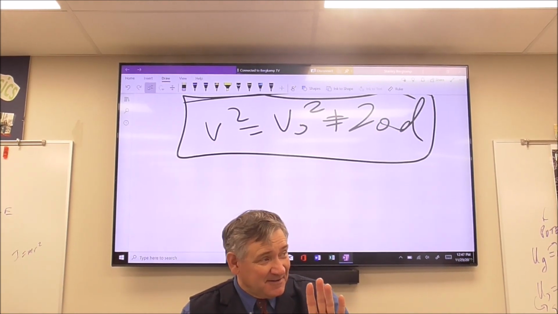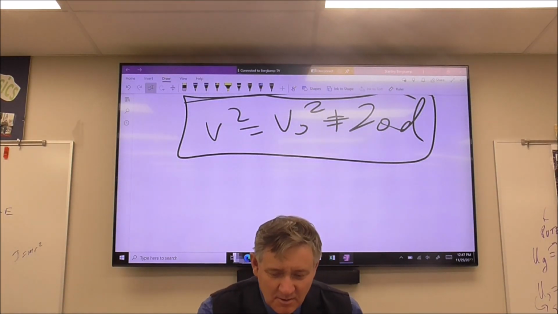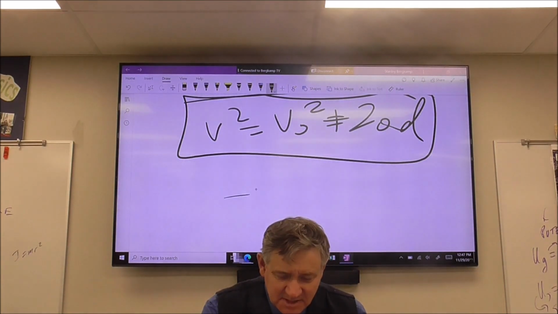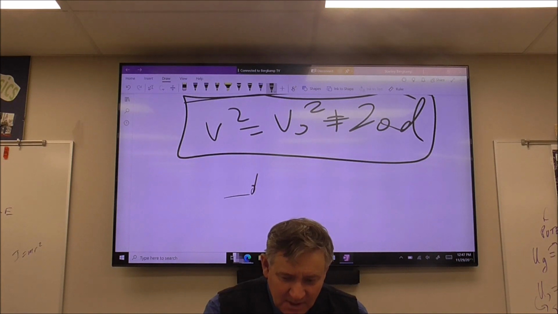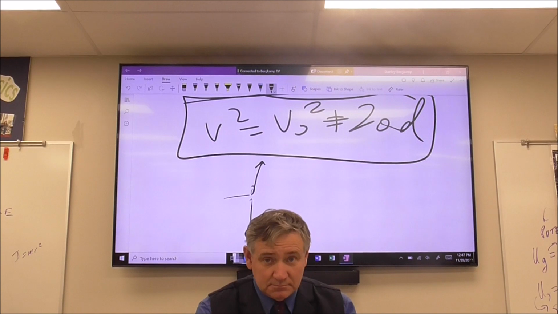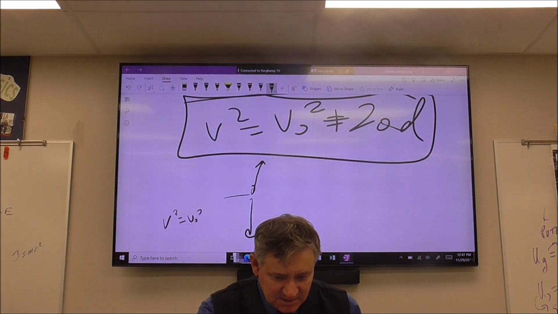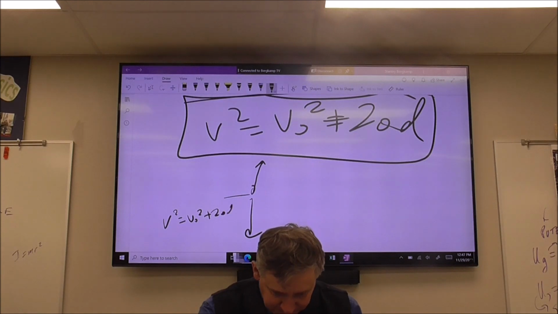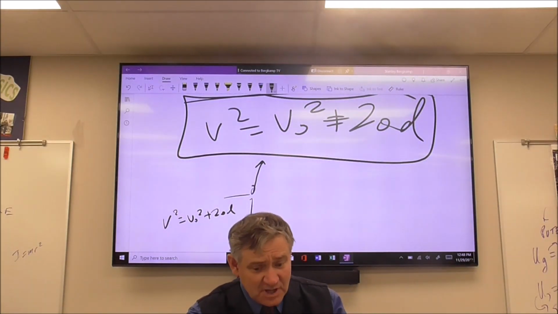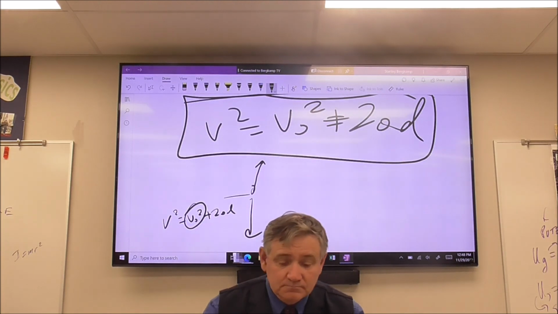I agree, but it confused me some. Hold on. It's like the problem where they throw it off a cliff: if I throw it up in the air, versus just dropping it. If you look at v squared equals v naught squared plus 2ad, if I just drop it, what's my initial velocity? 0.